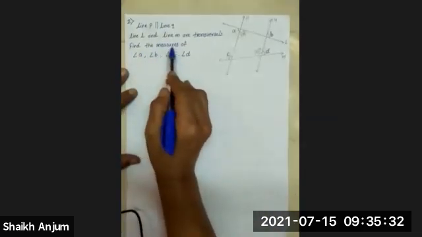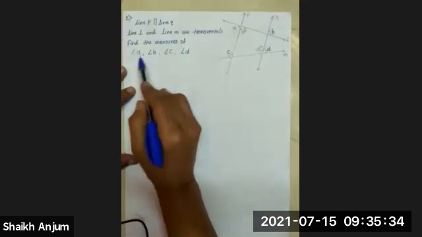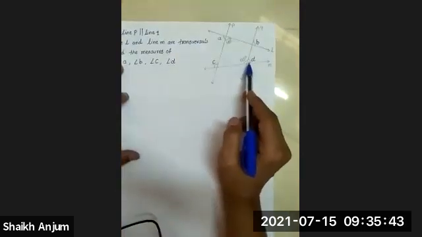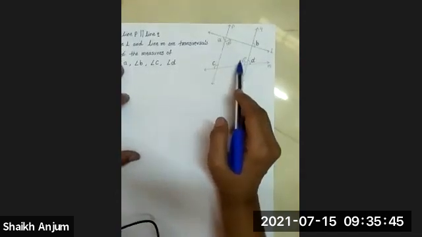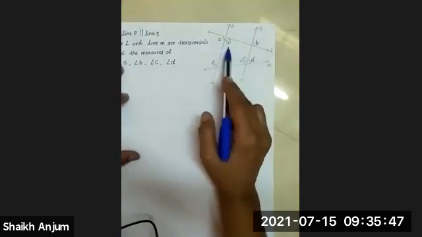We have to find the measurement of angle A, angle B, angle C, and angle D. And two measurements are given here.